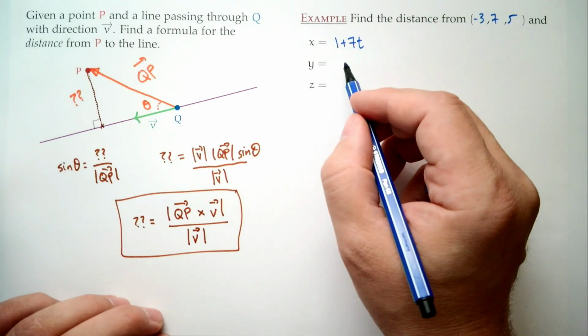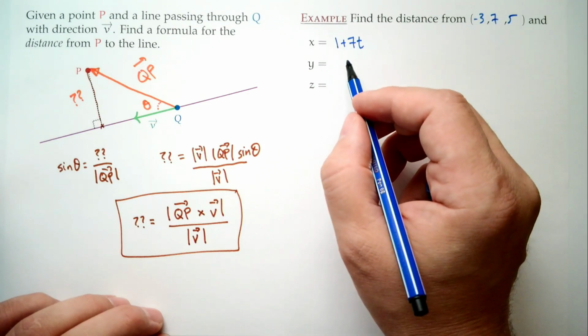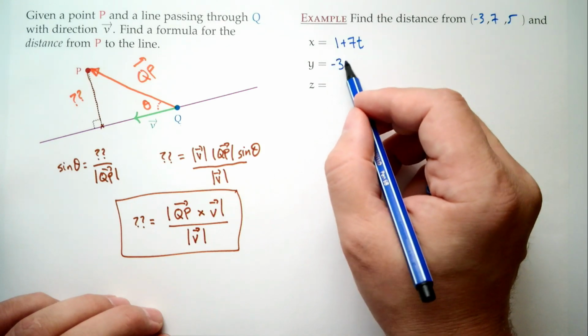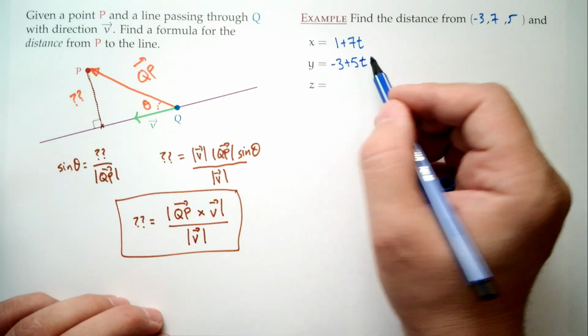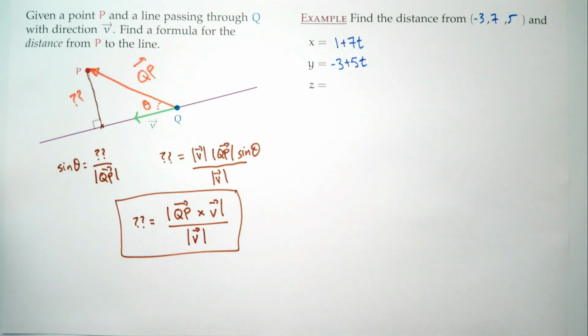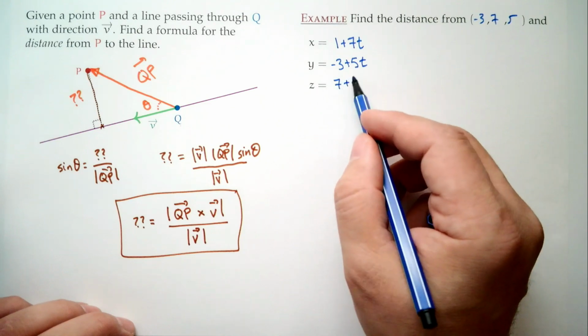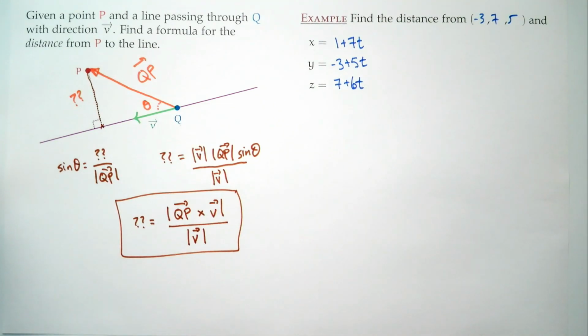All right, y? Negative 3 plus 5t. And z? 7 plus 6t. All right. Probably these numbers are going to be terrible, but that's okay. The point is the process.